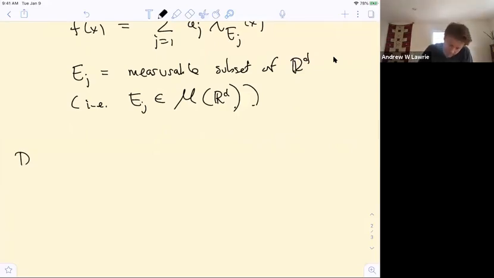The definition that we'll work with and try to start understanding is that of a measurable function.